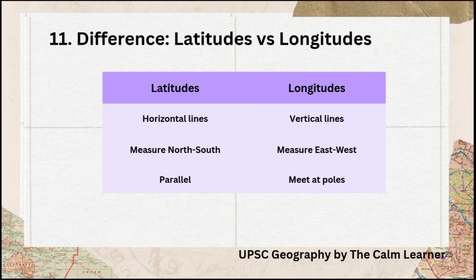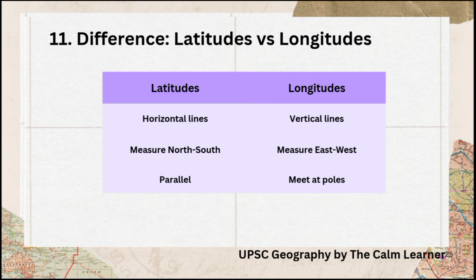And longitudes run from north to south and measure distance east or west of the prime meridian, and they are the vertical lines. Latitudes help us understand the heat zones and climate, while longitudes help us calculate the time. Latitudes are the parallels and the longitudes meet at the poles.